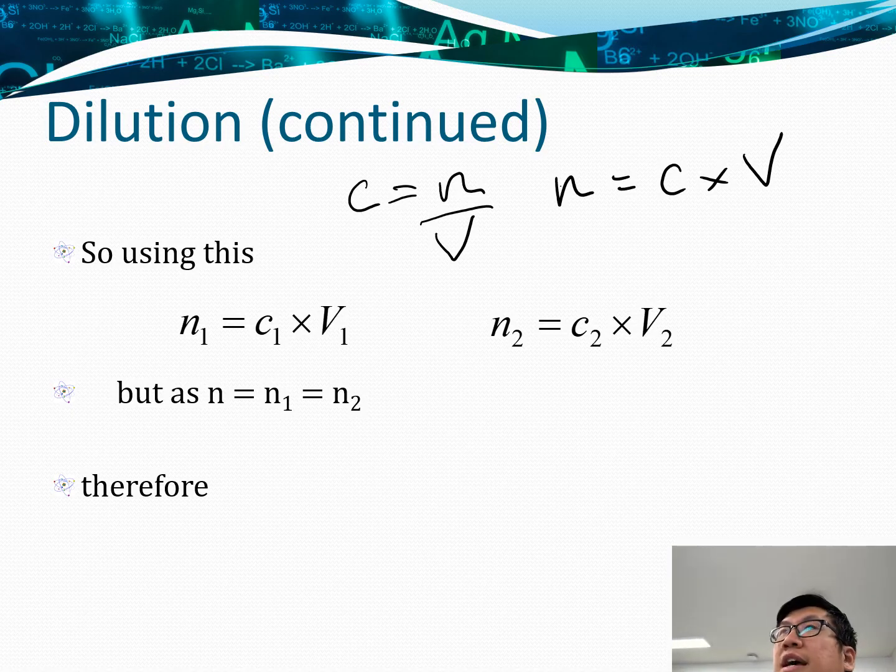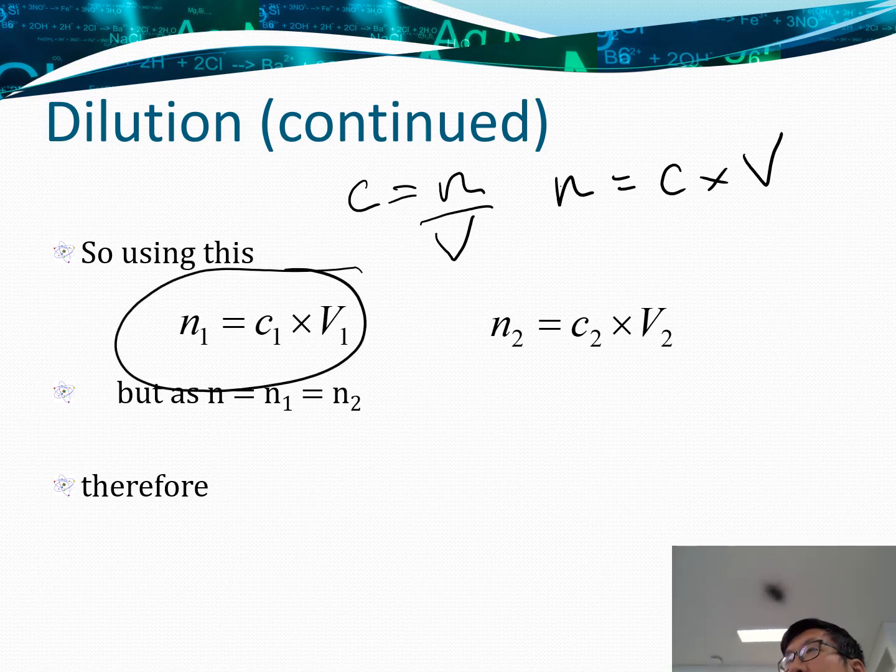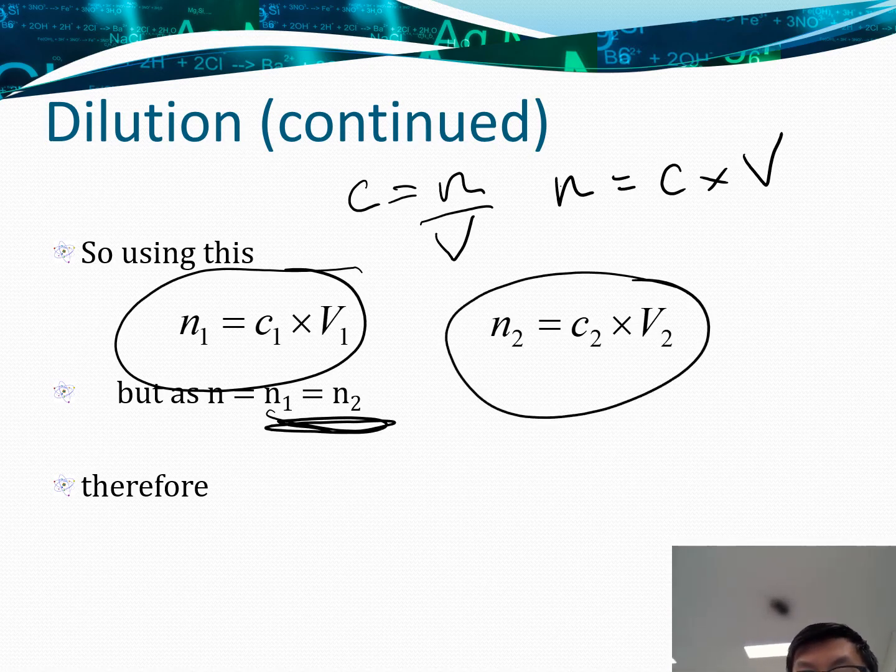So, if we are doing a dilution and we want to know things like concentration and volume, we can make the assumption that if I make a dilution and concentration is changing, and I use this formula to calculate concentration, then on the assumption that the number of moles does not change, I can make these two formulas equal each other.